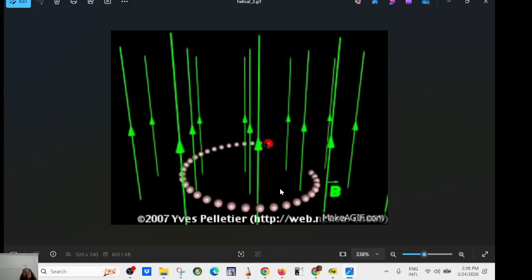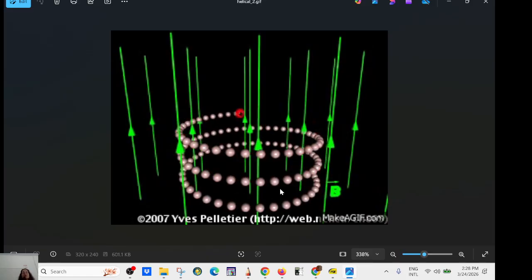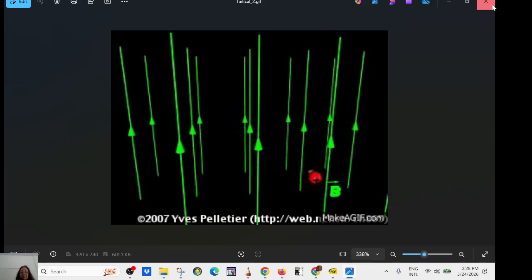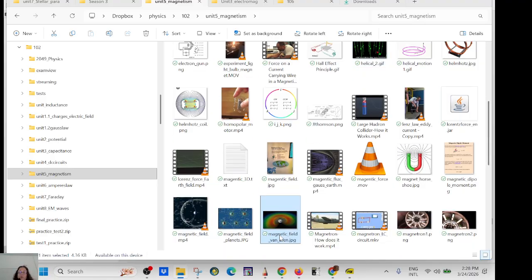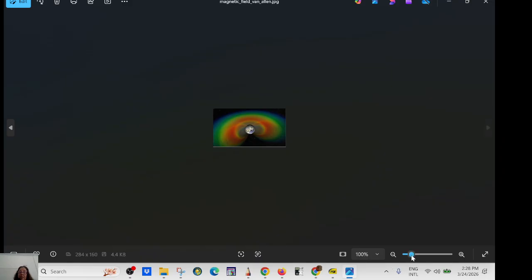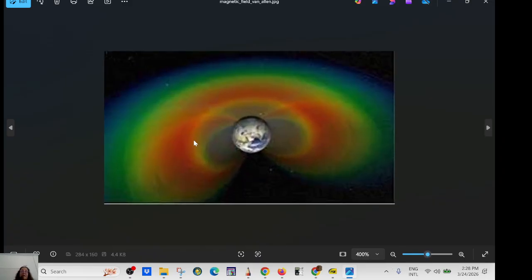Each time you have a charged particle that is accelerating, it's going to radiate. So you're going to have some radiation. For the Earth, this is called the Van Allen belt. Those charged particles coming from space, could be electrons, could be protons, are very bad for us.